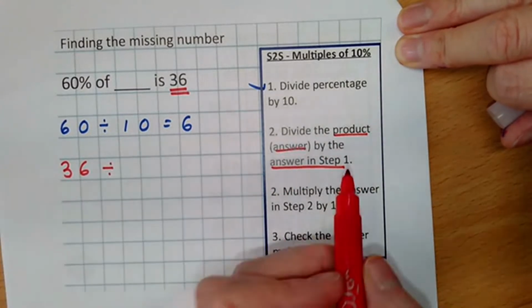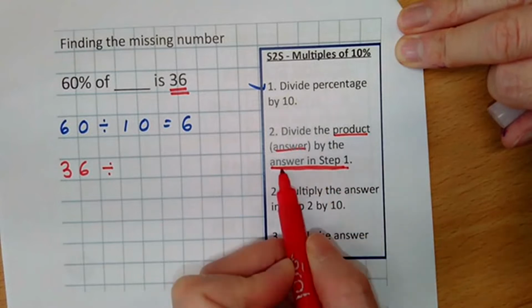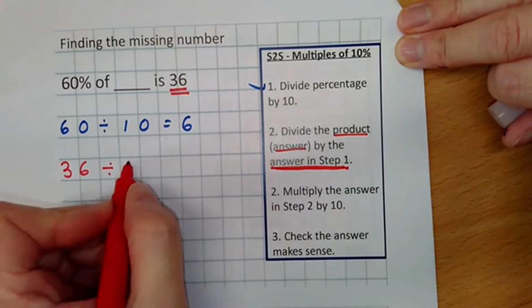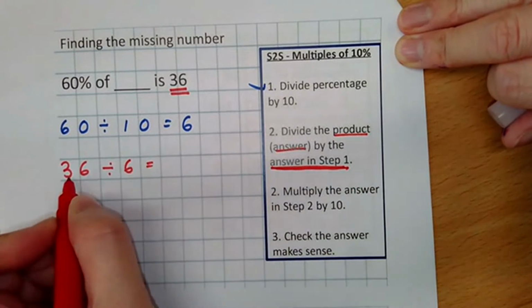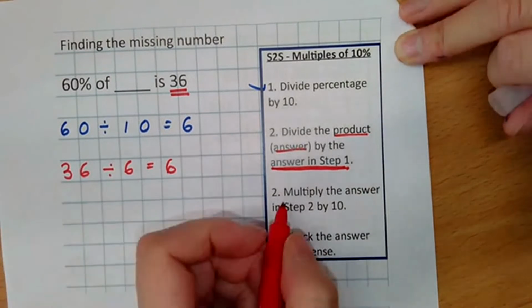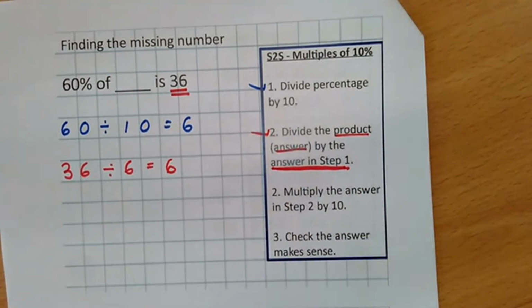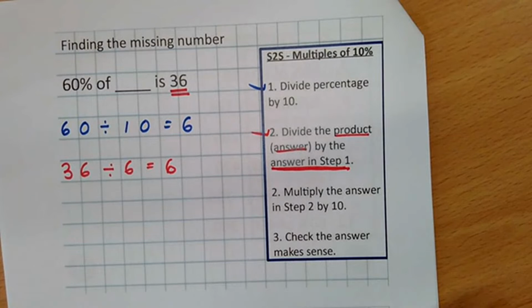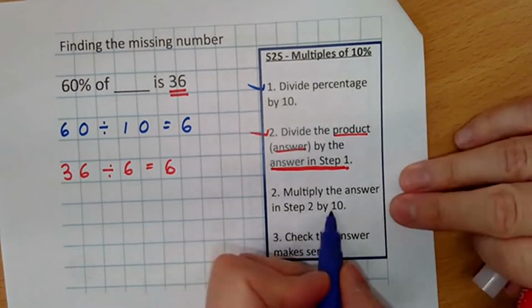So 36 divided by, now you're dividing it by the answer in step 1, which is 6. Good. So 6, 12, 18, 24, 30, 36. My answer is 6. Now I'm going to multiply the answer in step 2 by 10.